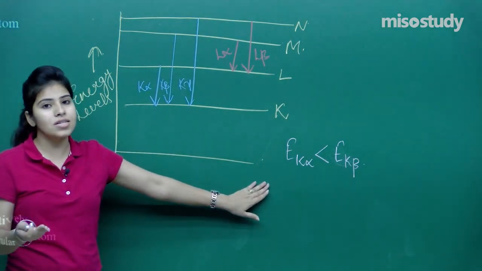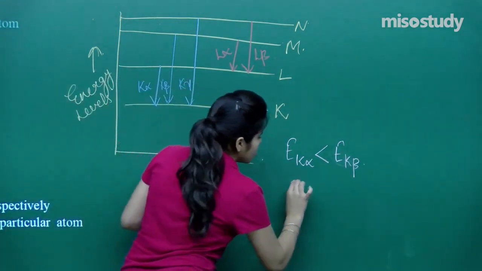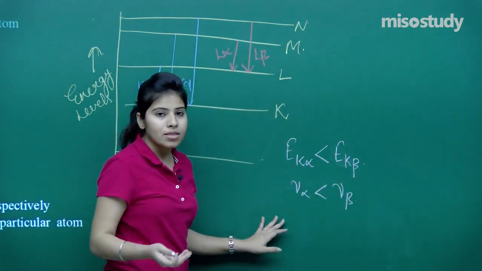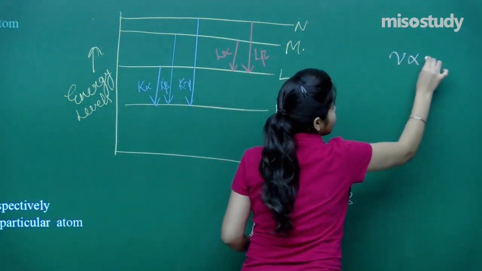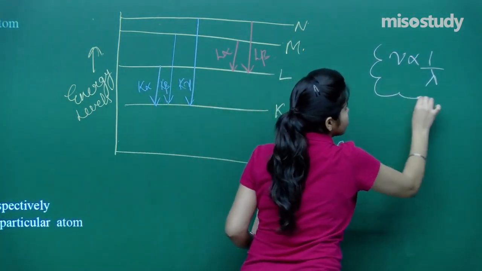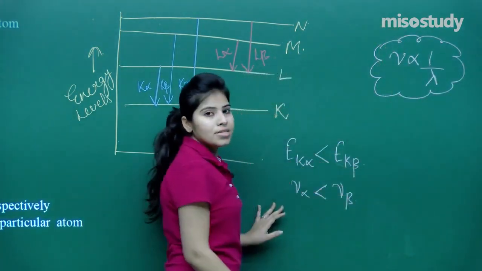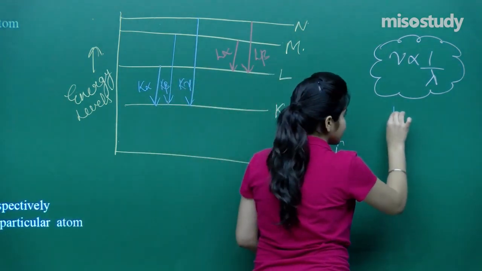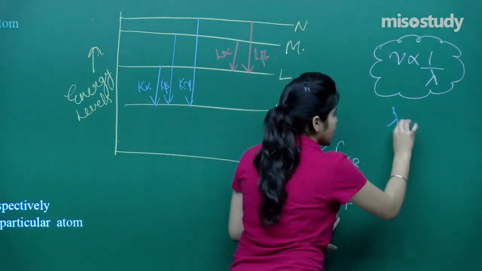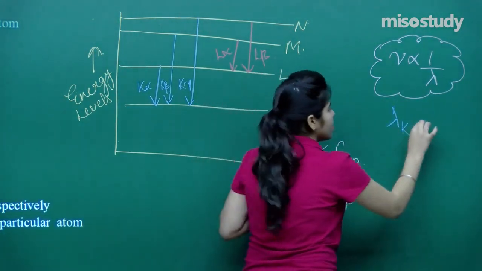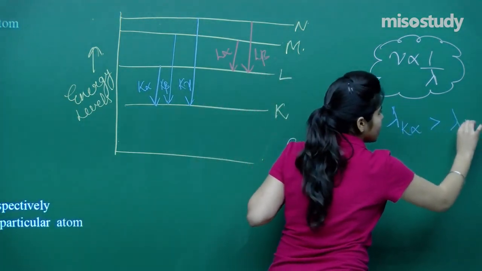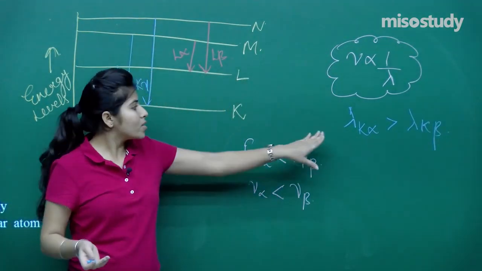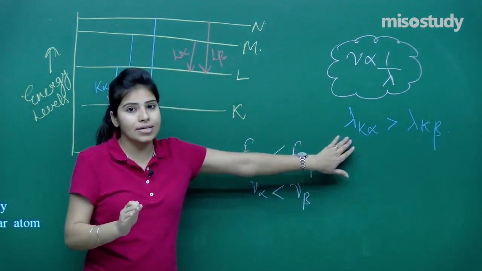Energy is nothing but h nu. Since nu and wavelength are inversely proportional to each other, I can say that the wavelength of K alpha is greater than the wavelength of K beta.